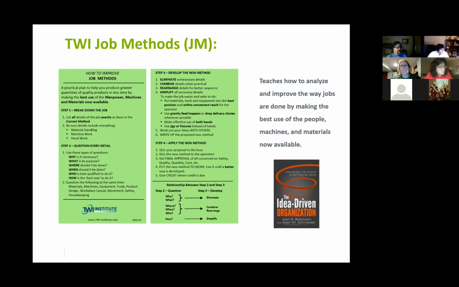And they get management to buy in very quickly. Most of the ideas can be implemented in less than a week and cost a few dollars. And most of them with a high-performing idea system can be handled by the team themselves. They do not have to be escalated out of the team to some group, engineering or continuous improvement or quality.